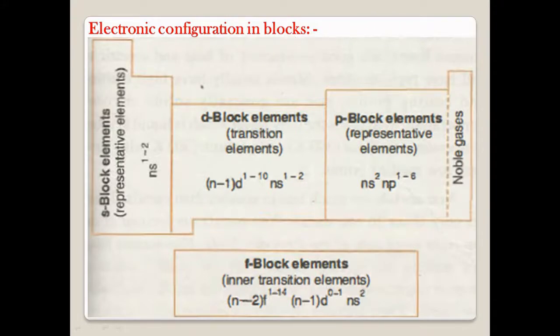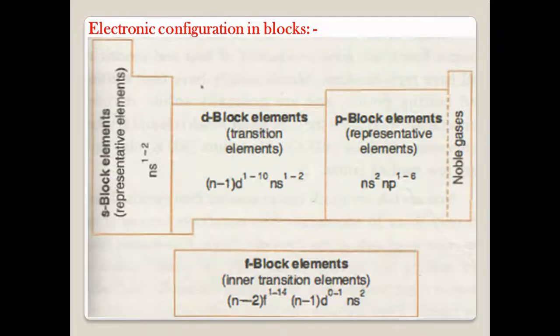Okay, so for electronic configuration in blocks, that is for S block elements, it is ns 1 to 2 electrons in the last shell. This is known as representative elements, whereas P block elements, the representative elements, consist of ns2 np 1 to 6 electrons.